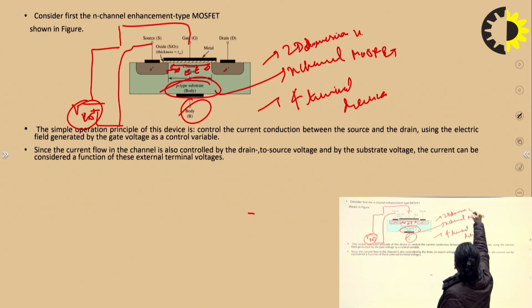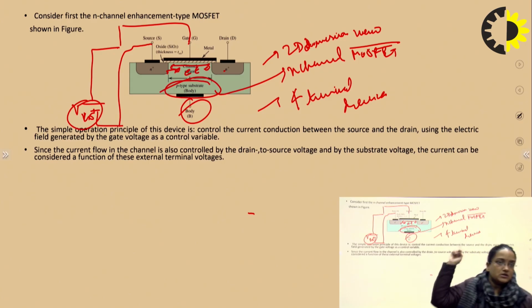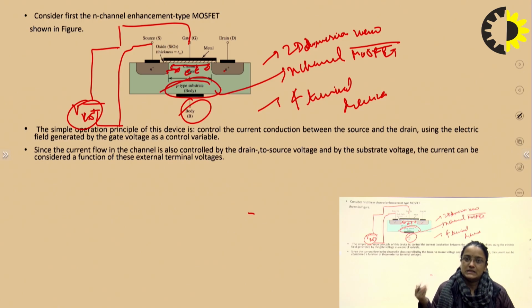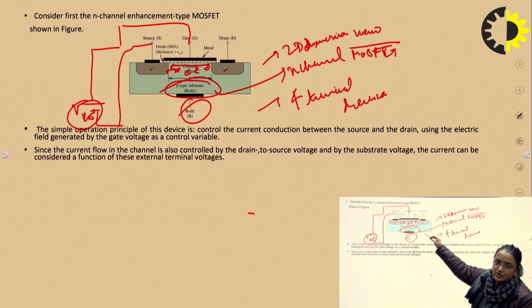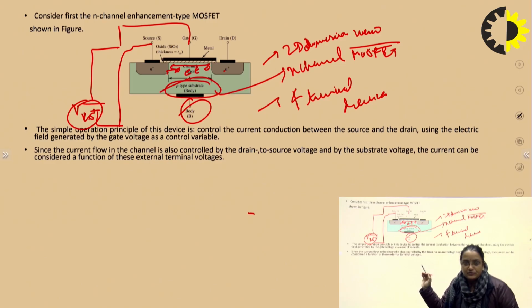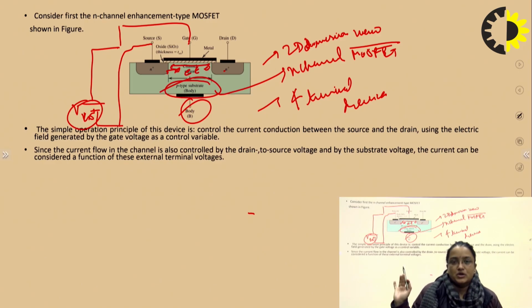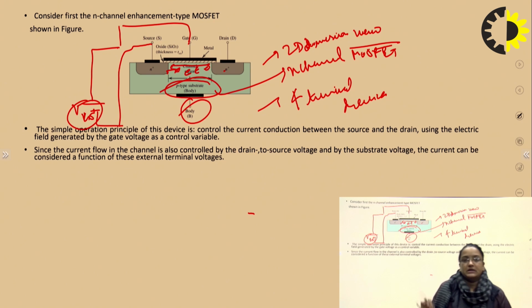For your UT exams, it is not necessary to draw the three-dimensional view because it is quite complicated. The 3D view is given just for understanding the basic construction. For the exam, you have to draw only the 2D structure in the construction of the MOSFET, whether it is P type or N type, enhancement type or depletion type.